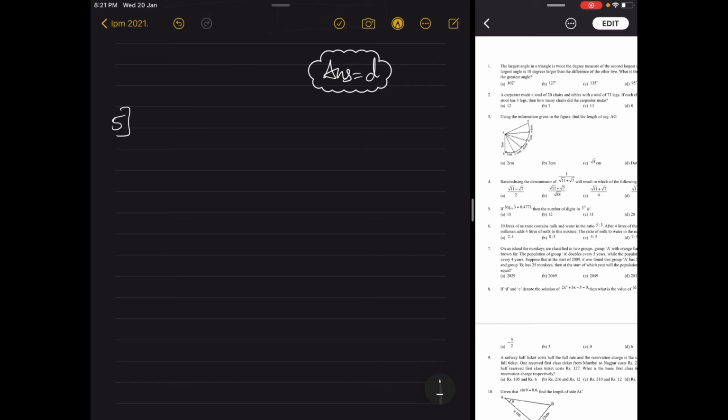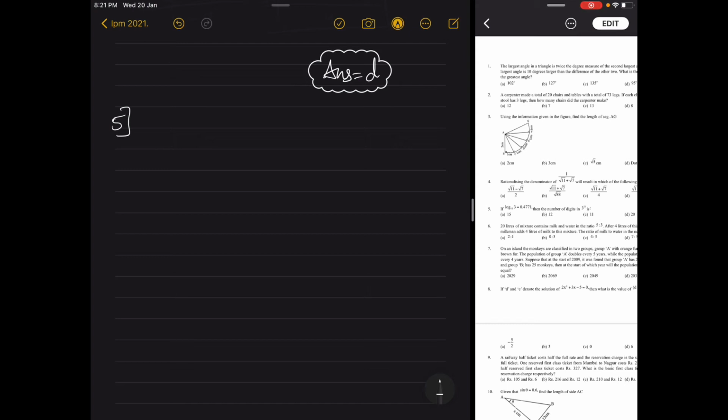The 5th question is, if log 3 to the base 10 is equal to 0.4771, then the number of digits in 3 raised to the power 21 is. So it's a logarithm question. It's a long thing. First we need to understand what a log is, so we will be skipping this question for now.